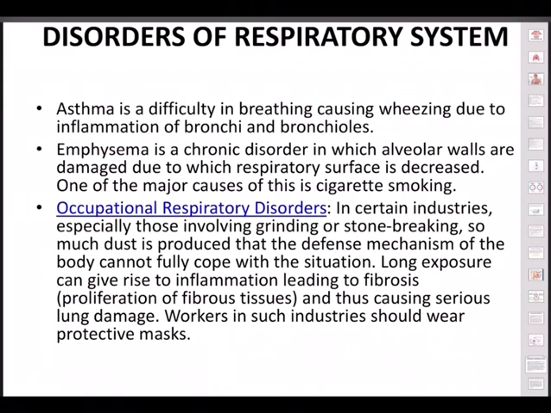So these are the disorders related to the respiratory system. One must take care of this, otherwise there will be some dangers, some destruction. And particularly teachers like us, normally occupational disorders, we use chalk, and the chalk dust also enters inside us, and continuous accumulation of chalk dust can also lead to blockage of the respiratory system.